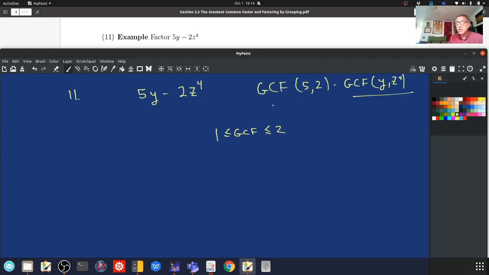But if the whole entire list is prime, it's always going to be 1, and 2 does not evenly divide 5. 5 divided by 2 is 2 with remainder 1, not remainder 0. So the GCF is 1. So there is nothing to be factored. This is a case where the only thing I could do is put parentheses around it and put a 1 right there.